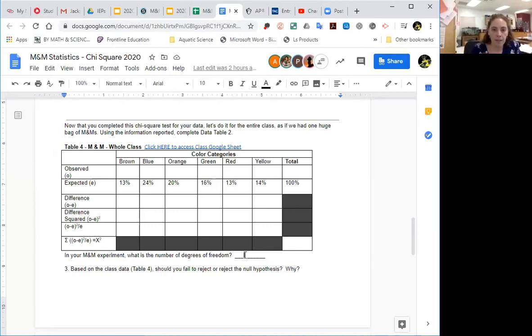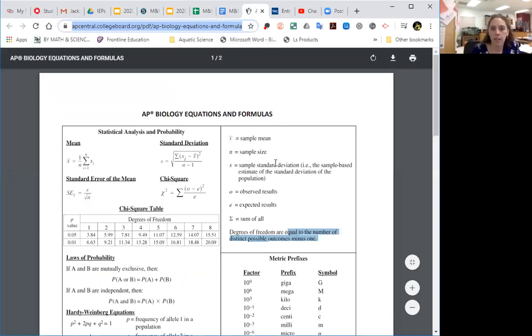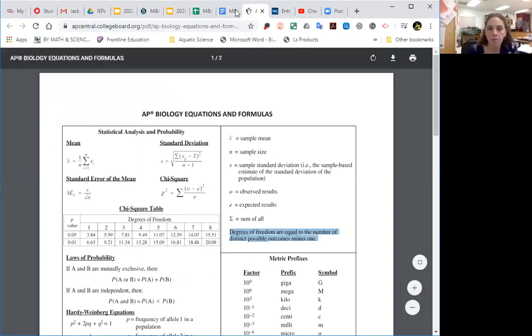First, we have to figure out our degrees of freedom. For that, you need the AP Biology formula sheet. Degrees of freedom, right here. Degrees of freedom are equal to the number of distinct possible outcomes minus 1.